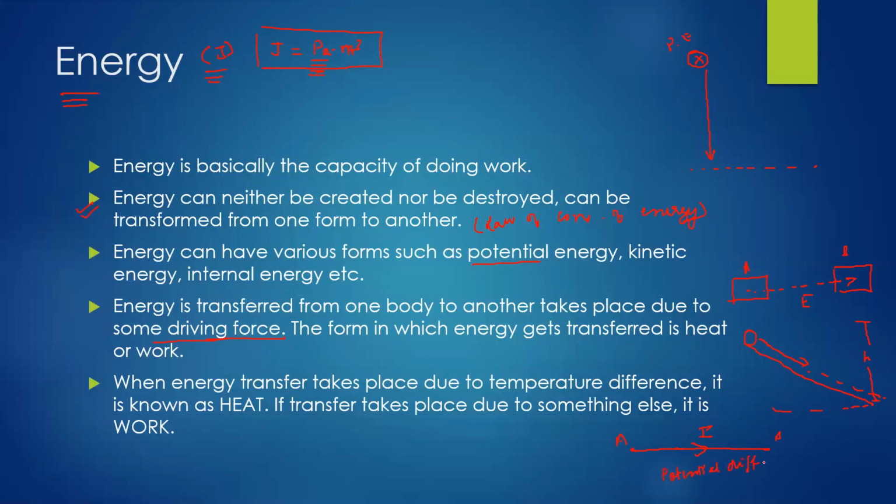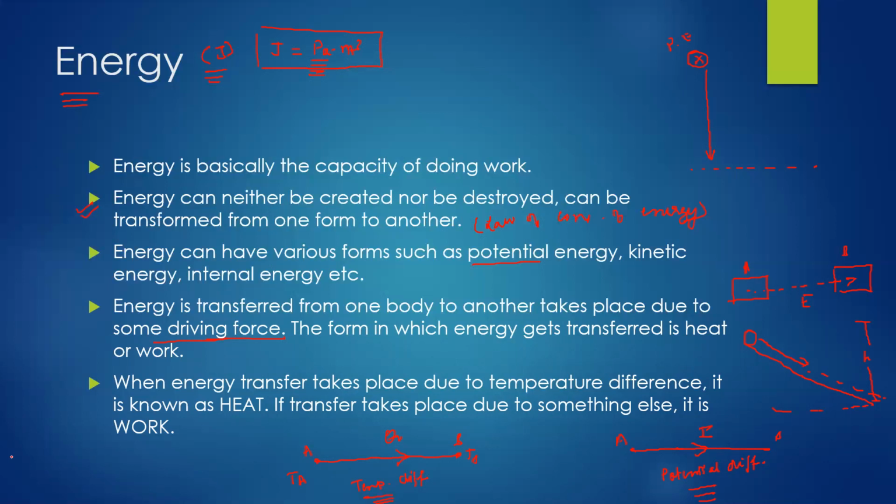So over here, potential difference is going to be your driving force, right? Similarly, if this body is maintained at temperature Ta and this body is maintained at temperature Tb, then from A to B, heat is going to be transferred, and that is because of temperature difference.